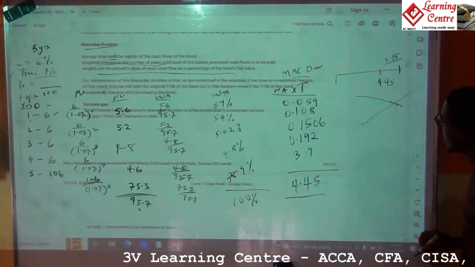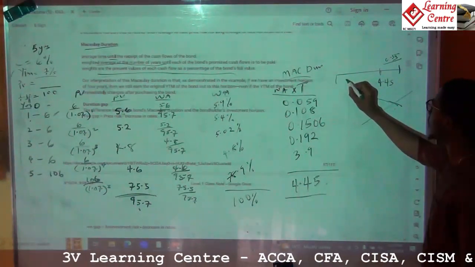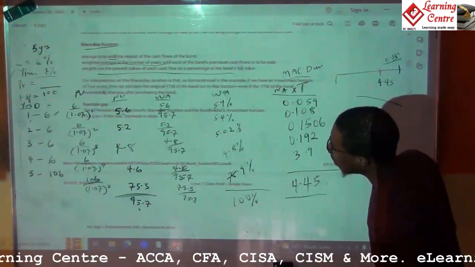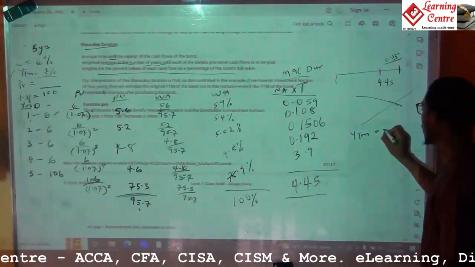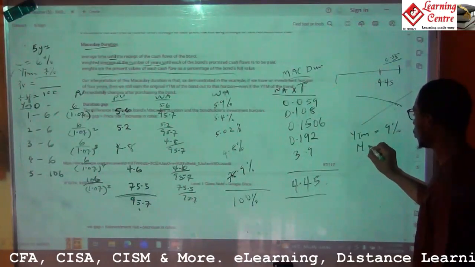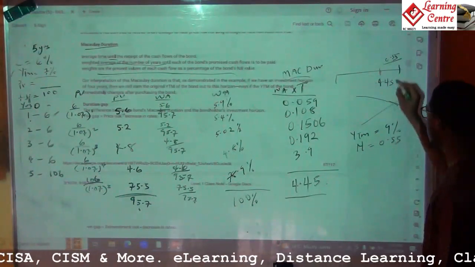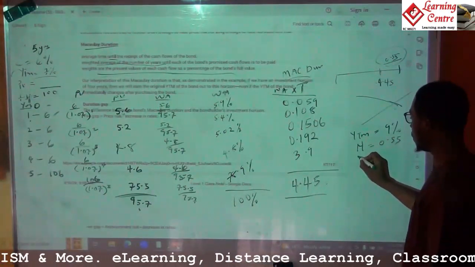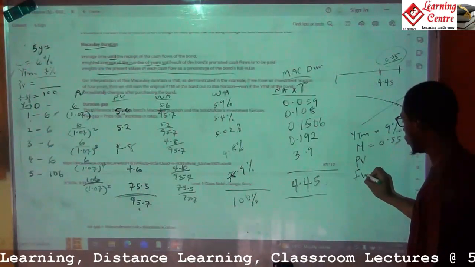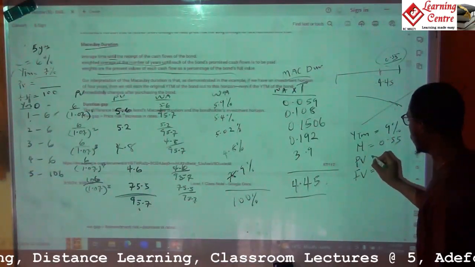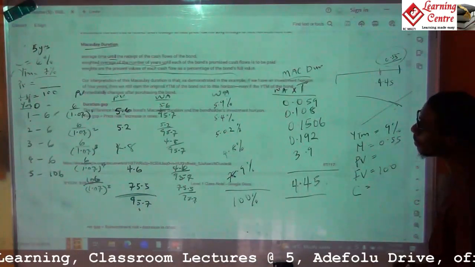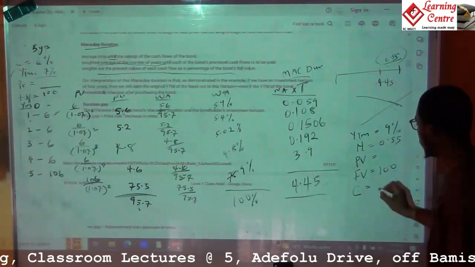So what I'm going to do is put the yield here at 9% instead of 7%, put the tenor to maturity at 0.55, and compare what the price of the bond will be. The coupon remains the same at 6%.